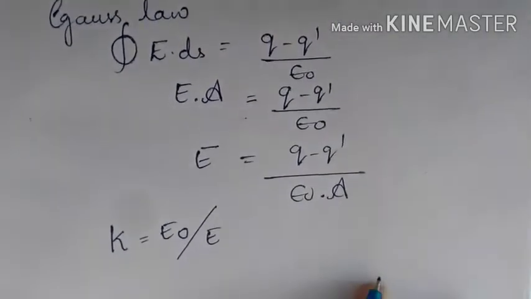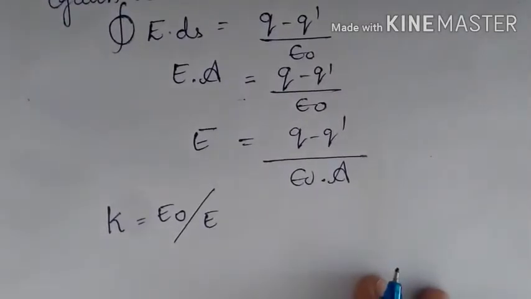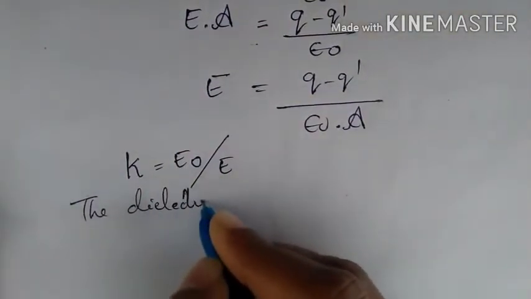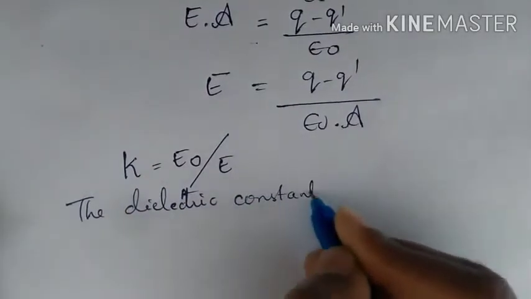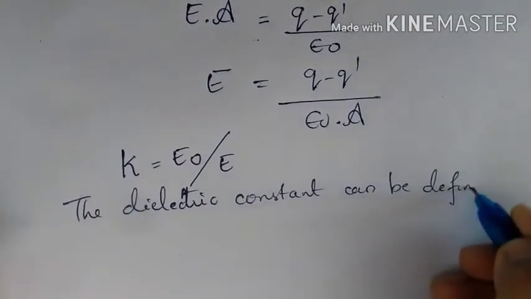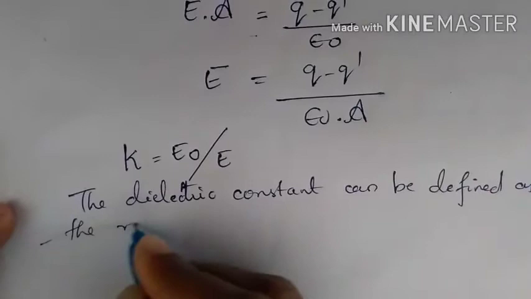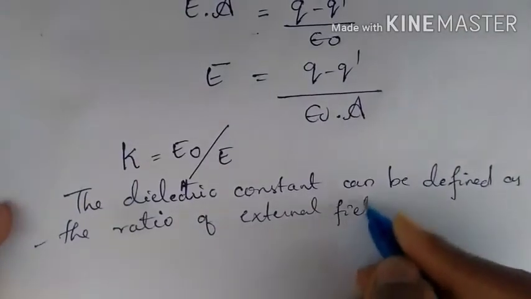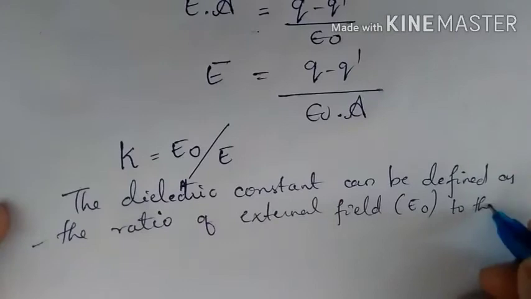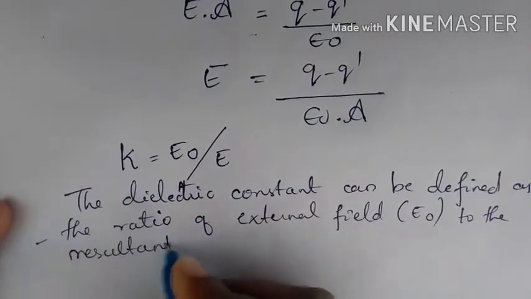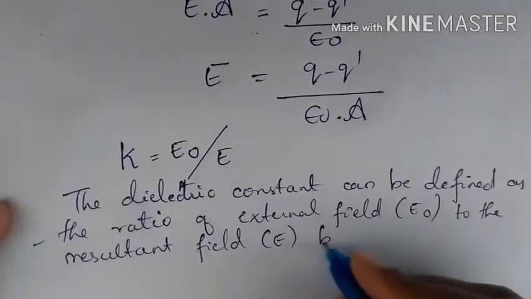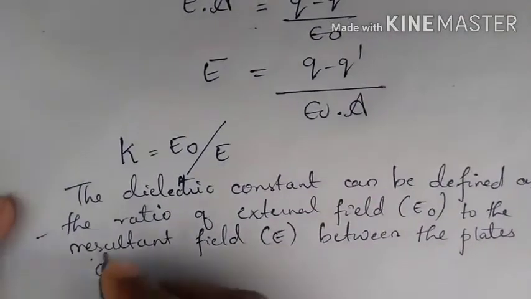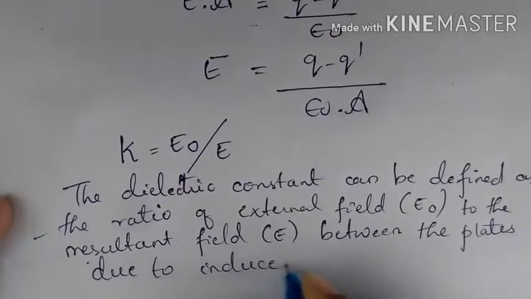Next, this dielectric constant K can be defined as the ratio of the external field E naught to the resultant field E between the plates due to induced charges.